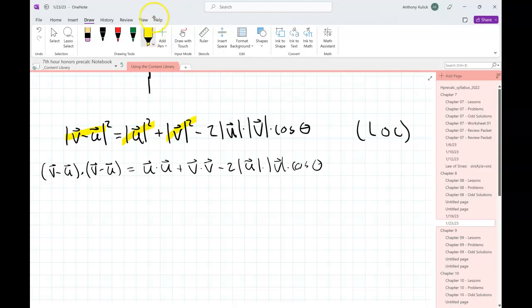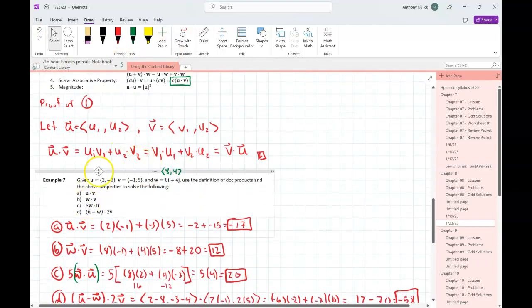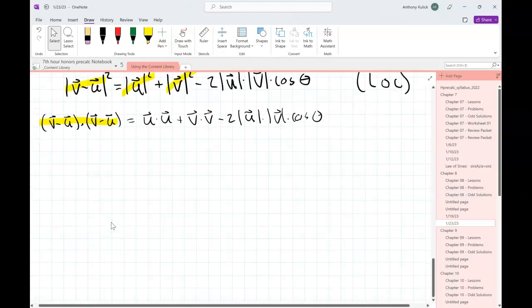Okay. Now I need to deal with this. How am I going to do that dot product? Well, I have a distributive property for dot products, so basically I can just FOIL that out. Okay, well, great.